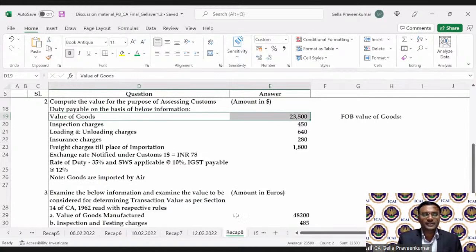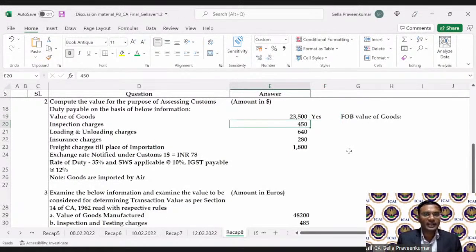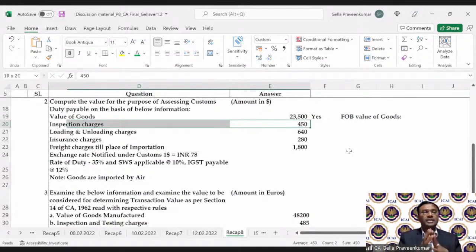Value of goods. This is a basic cost I have to take into consideration. So for the purpose of FOB, this will be taken into consideration. Inspection charges. Now the question comes, are these inspection charges relevant for the goods? Answer is yes, especially in case of an international transaction, where the goods have to be imported or exported. Always the importer insists for a test certificate.